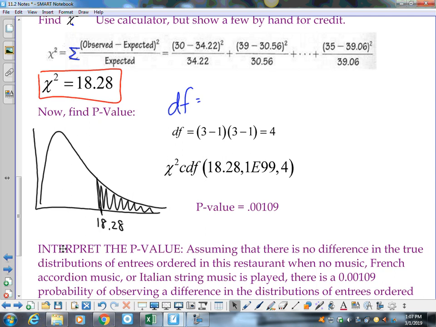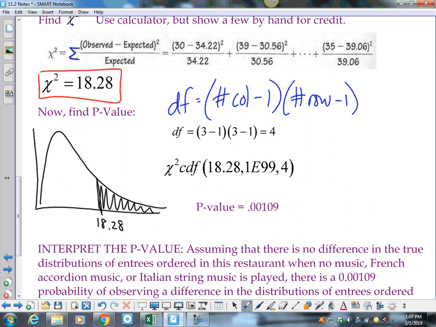For a chi-squared test of homogeneity, because you have a two-way table, number of columns minus 1, number of rows minus 1. And I have 3 columns and 3 rows. Don't count your totals. So that's going to give me degrees of freedom of 4.